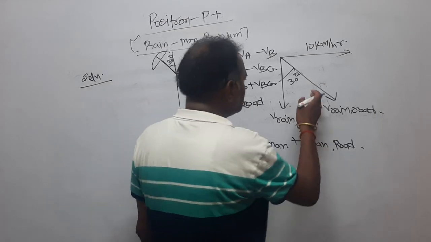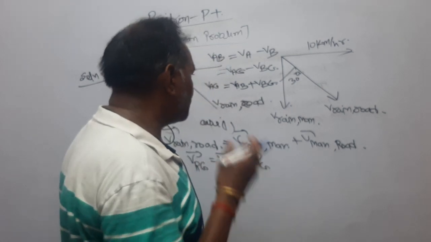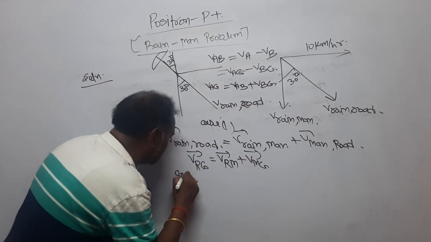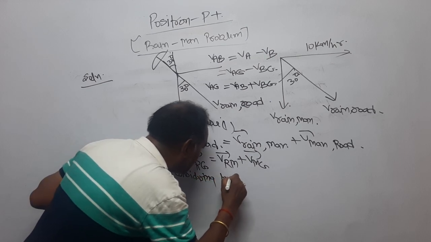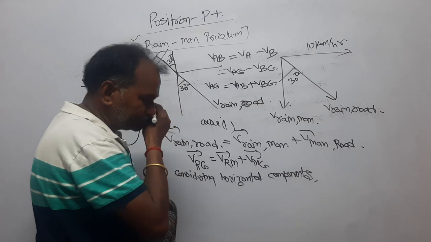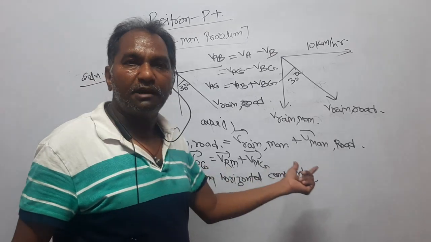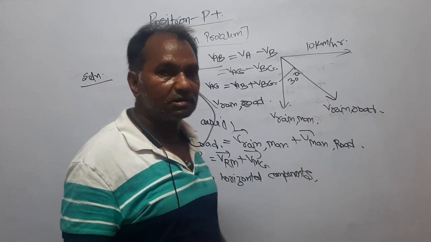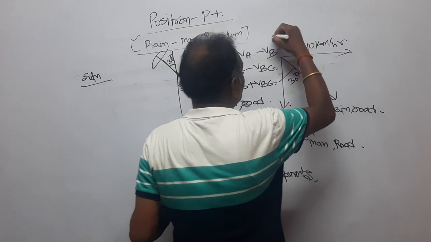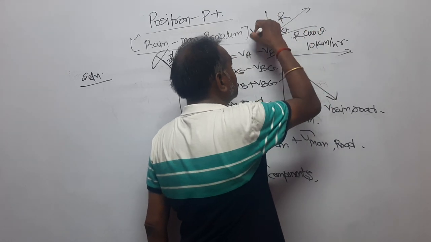Now, dear students, in this case, taking the horizontal component of all the vectors, the same thing applies to each of the components. If the vector is R and this angle is theta, then the component adjacent to the angle is the cos component and the component away from the angle is the sine component.